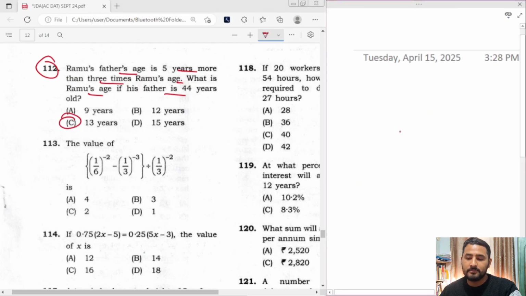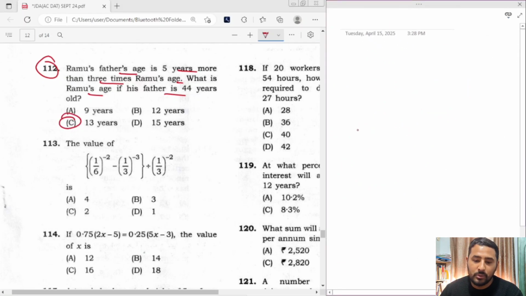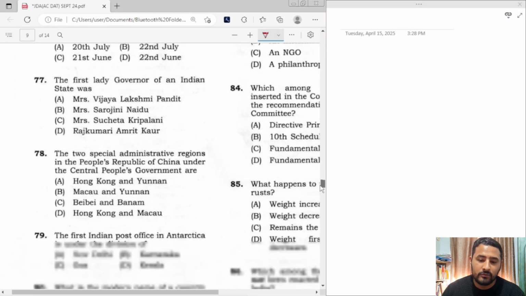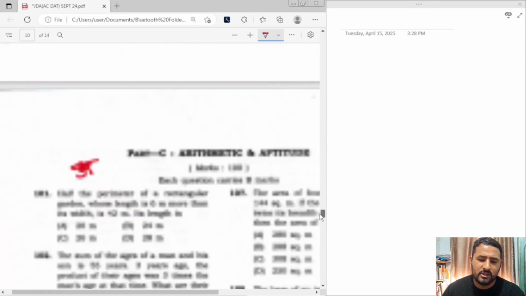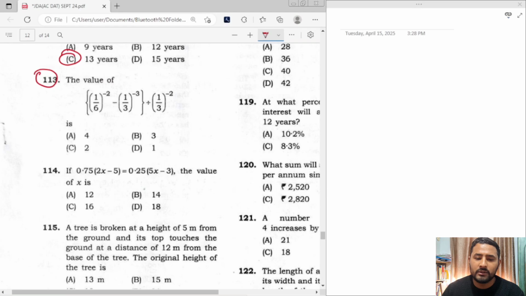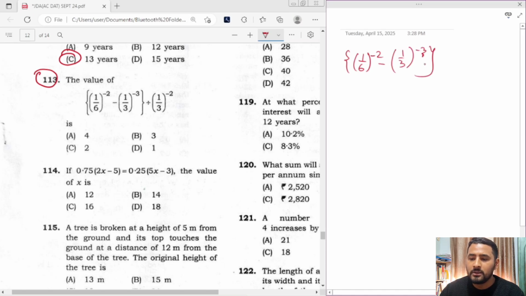Let's go to next. That's question number 113. The value of something is given. So let me come down. We are doing 113. The value of 1 by 6 to the power minus 2 minus 1 by 3 to the power minus 3, divided by 1 by 3 to the power minus 2.